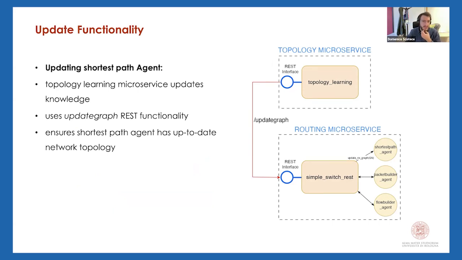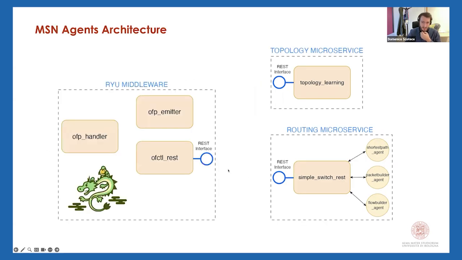We created a new handler, update graph, and we also created a new event, not shown in this picture. Actually, there is an event in SDN in OpenFlow, switch enter, for instance.